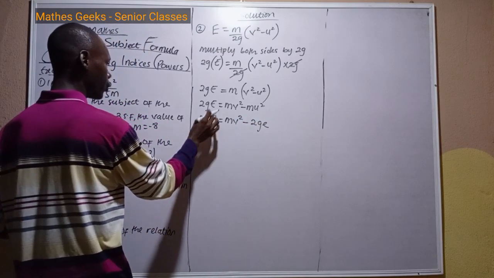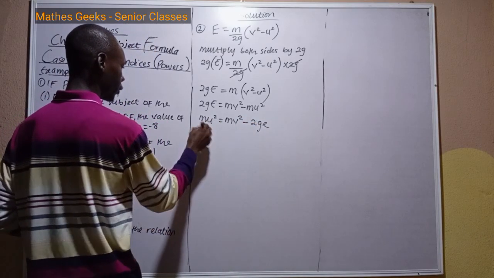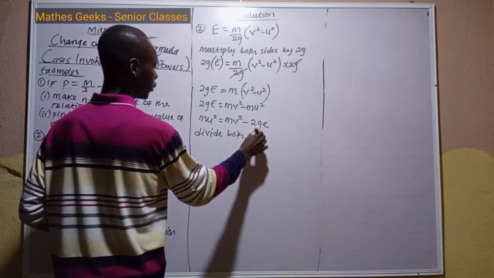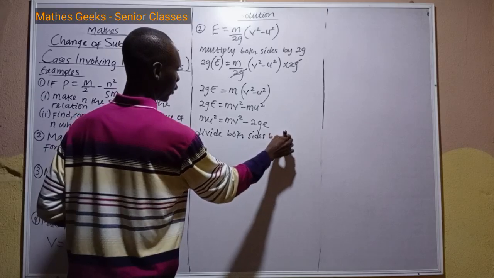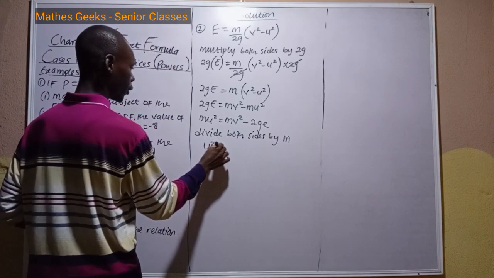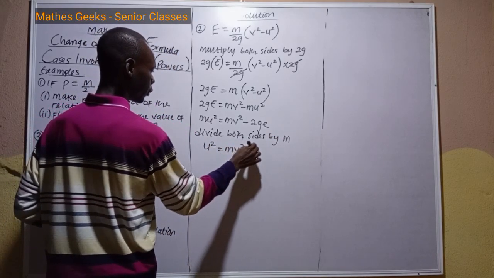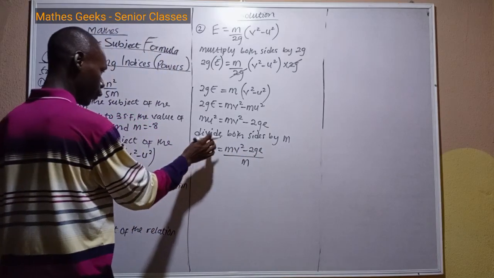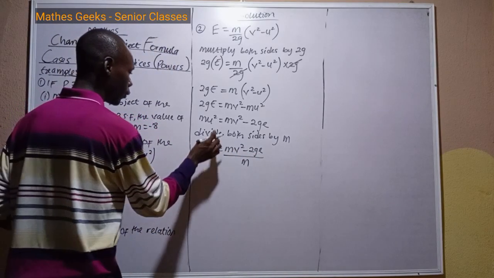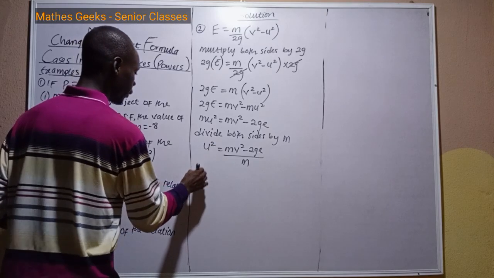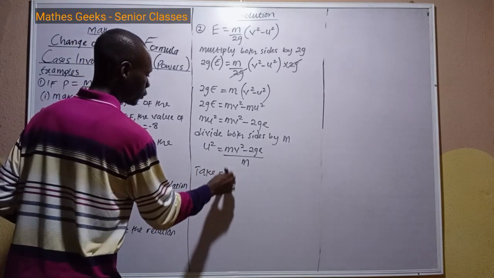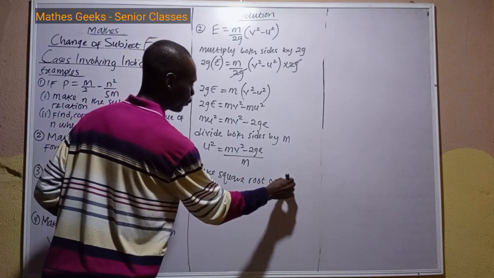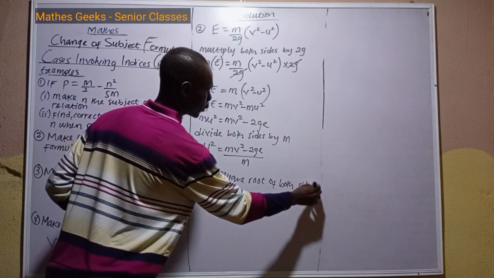So we want to make u the subject of the formula. We don't need m, so divide both sides by m. So u squared equals mv squared minus 2gE over m. We want u to stand alone, not u squared. So how do we eliminate the power? Take the square root of both sides.